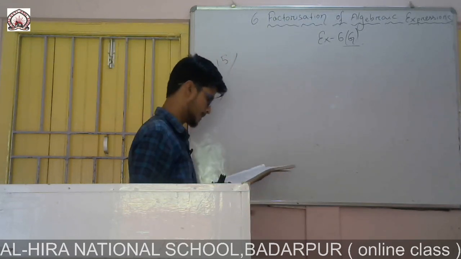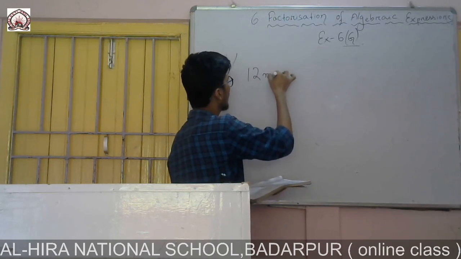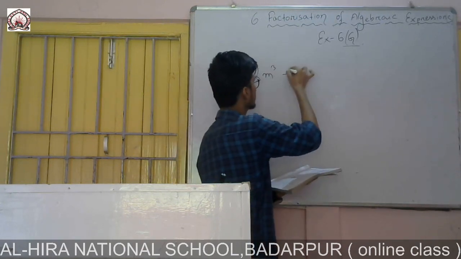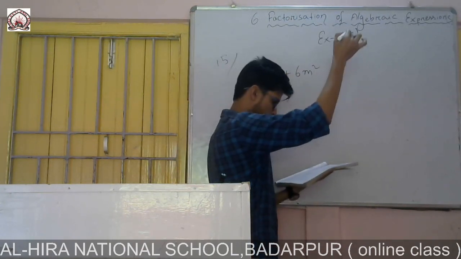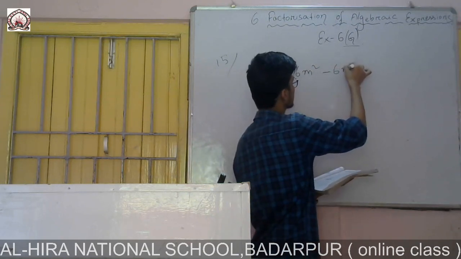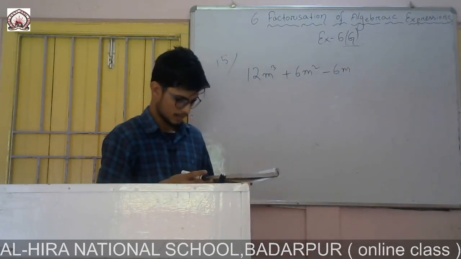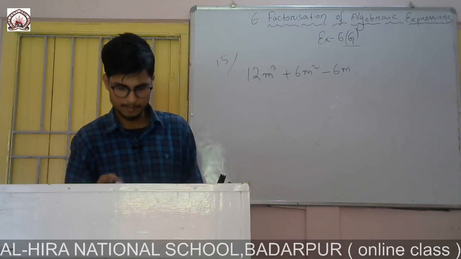Question number 15: it is given 12m cube plus 6m square, and at last it is minus 6m. So the question is 12m cube plus 6m square minus 6m.